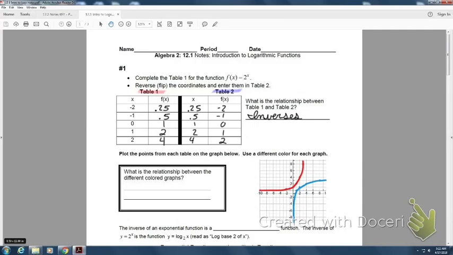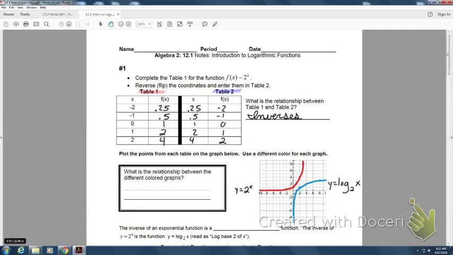Okay. Which, going back from talking about the inverse function, whenever we had those on the graph, what line did it reflect across? The y equals x.